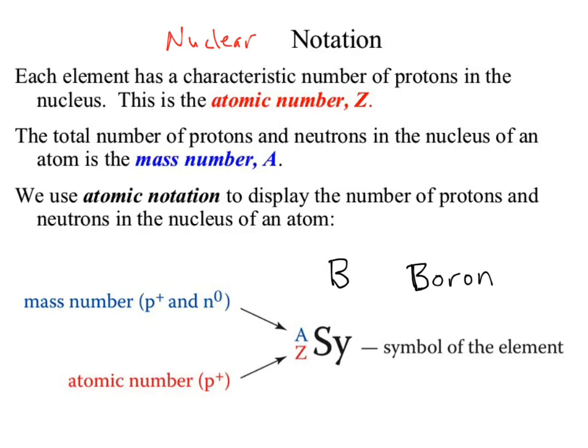Why is BE not boron? N comes after C. Why is N now not boron? Because B is boron. Why is B boron? It's the first letter.